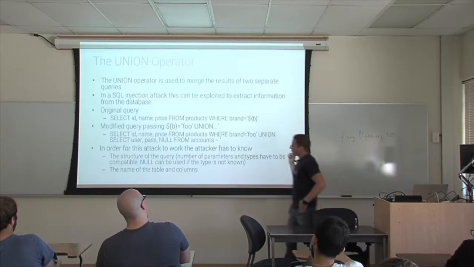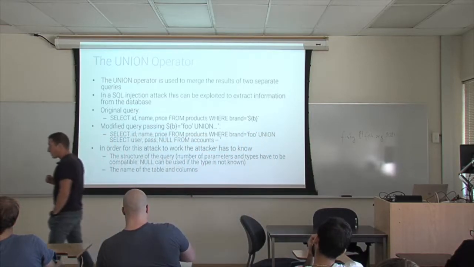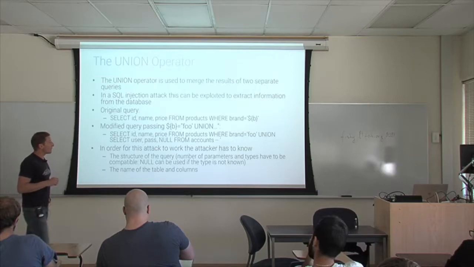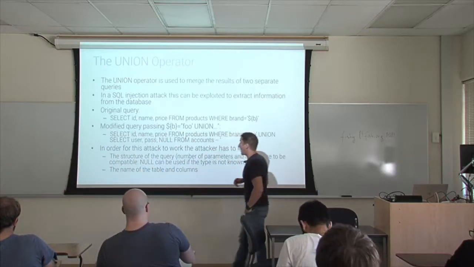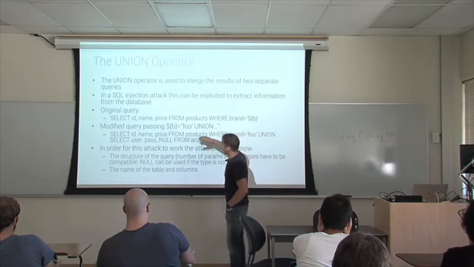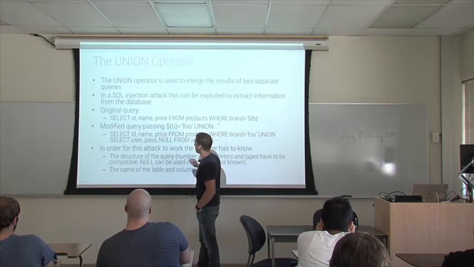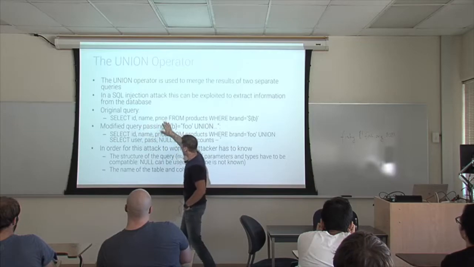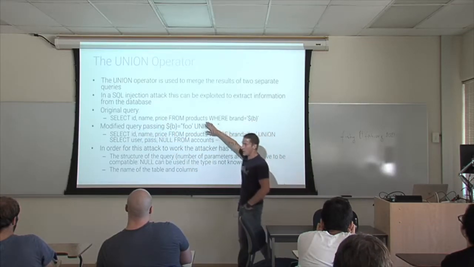Then we have our friend, the union operator. And the union operator is cool because it allows you to get information from a bunch of other tables. So the basic idea, if you have, for example, a query from a table called product, and these are the fields that are passed, you want something other than the data in product.